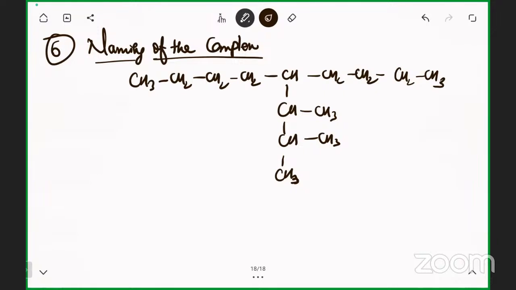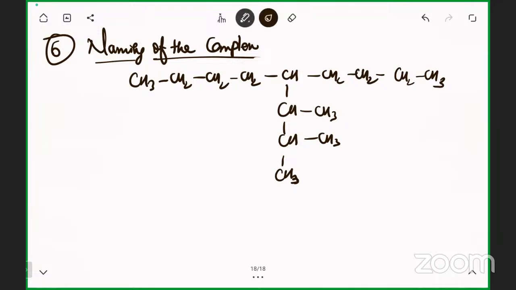Okay, from the right side you get 1, 2, 3, 4, 5, and if I go from the left side, 1, 2, 3, 4, 5. So I can do the numbering from either side, just because this side chain is coming on the 5th position from both sides. So it's not left, it's not right, because it is coming on the equivalent position from both sides.